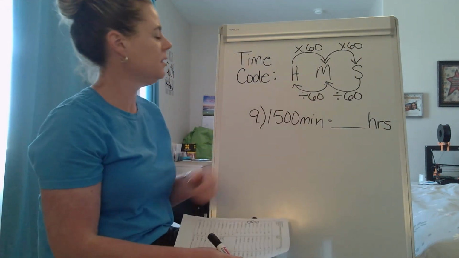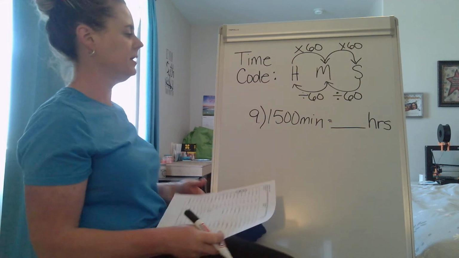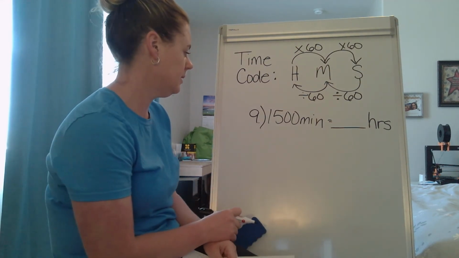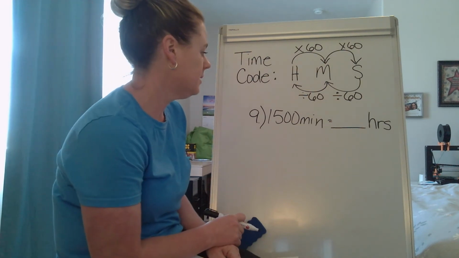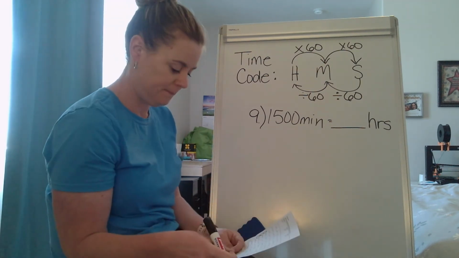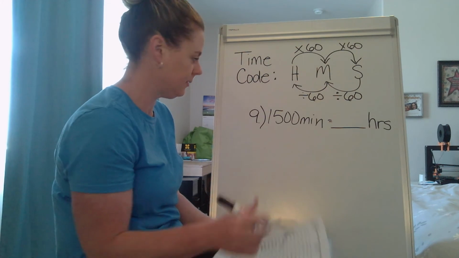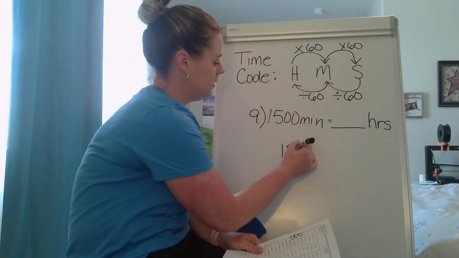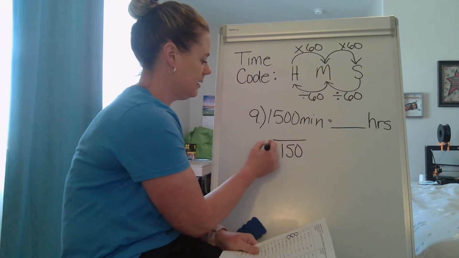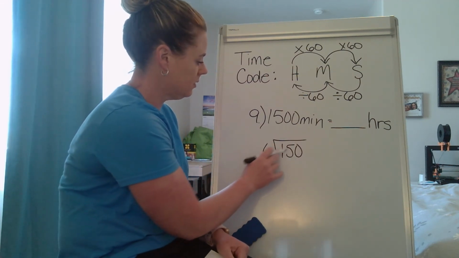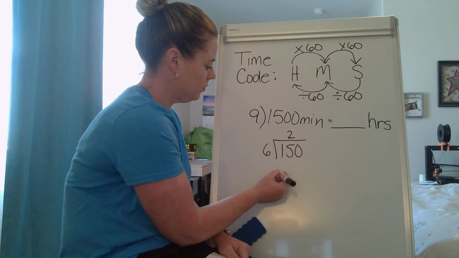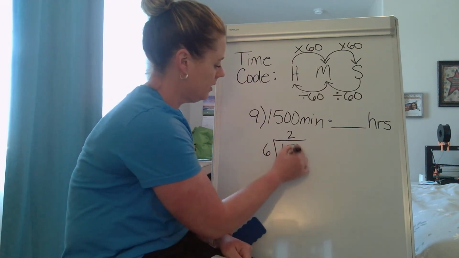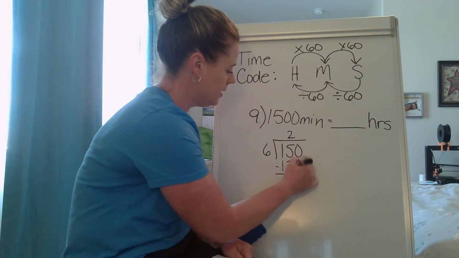So we're still dividing by 60. Okay, divide by 60. In this case, if you look at 150 divided by 6. 6 goes into 15, 2. 6 times 2 is 12. 5 take away 2 is 3.